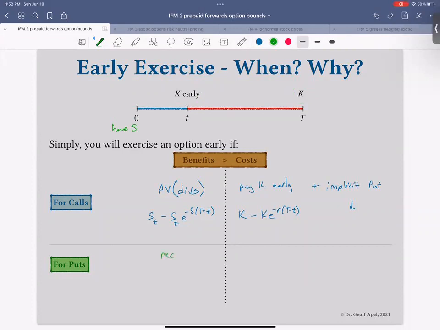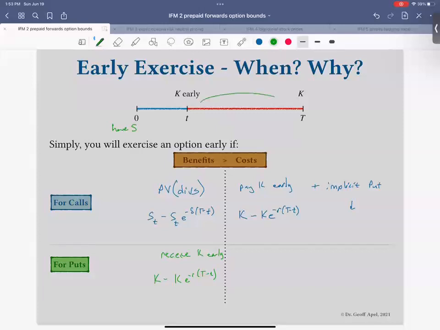I would receive K early. And the value of it would be exactly what we had here, K minus K e to the negative R times time.